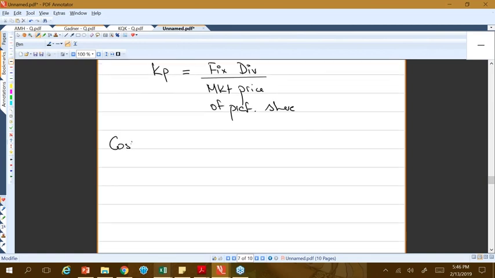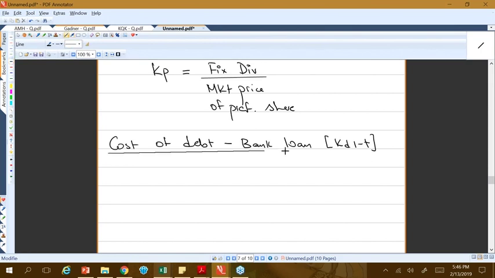Then cost of debt. And we are talking about the bank loan. And we have to find the KD(1 minus T). And this is also extremely simple because it is the KD(1 minus T) of the bank loan. So 1 minus T, where T is the tax.